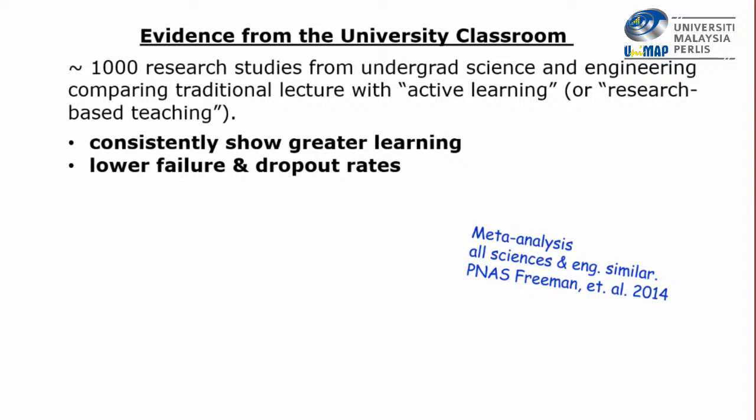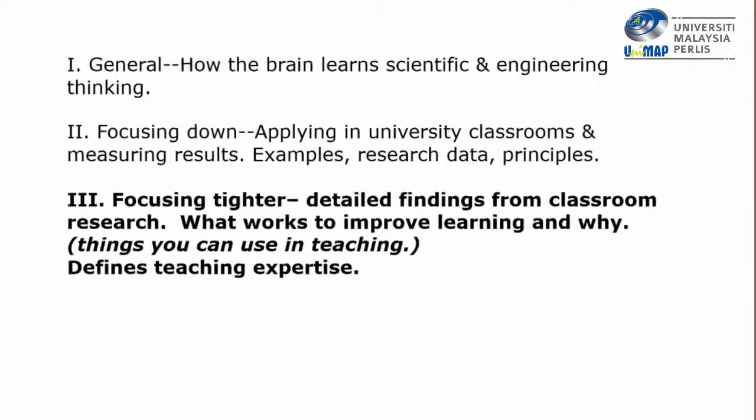And as I talked about as I went along, we understand why this is happening, what actually happens in the brain to make this work. But now I'm going to turn to getting very detailed about what findings we have from the classroom research. These are things that, if you're a teacher, you really can go and use immediately in your teaching.